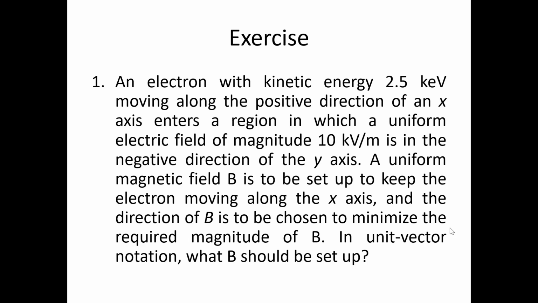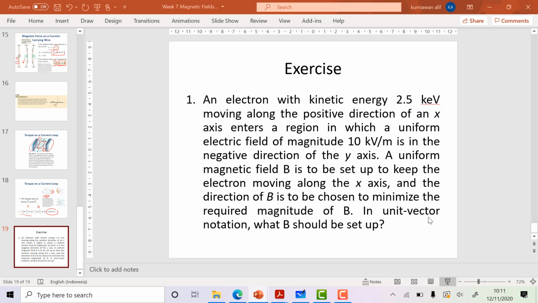A uniform magnetic field B is to be set up to keep the electron moving along the x-axis, and the direction of B is to be chosen to minimize the required magnitude of B. In unit vector notation, what B should be set up?